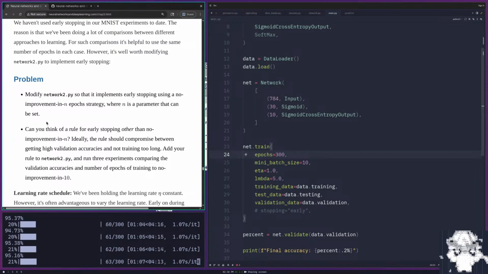So you could do some calculations on the cost instead of on the validation. Yeah, I don't know. There's a bunch of stuff you could do. But they're all kind of the same thing. They're like, once you stopped learning, you stop training.